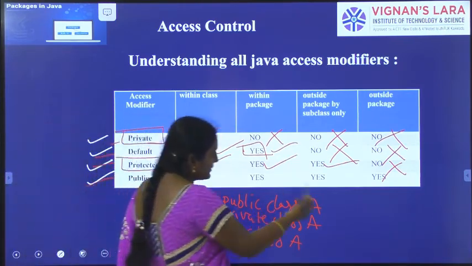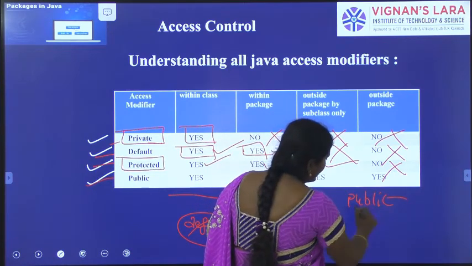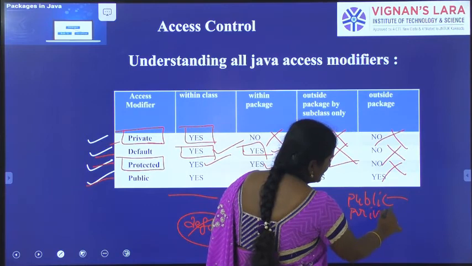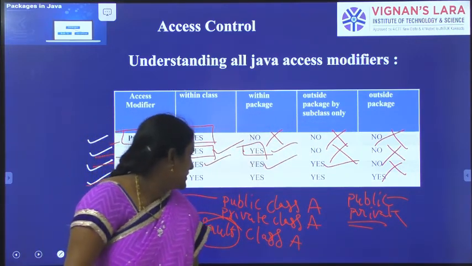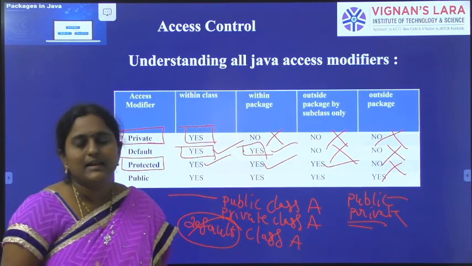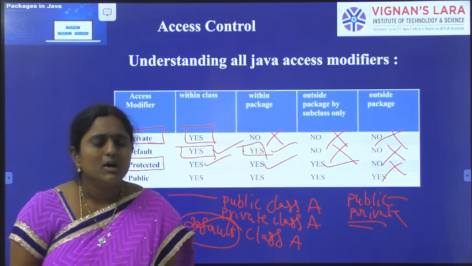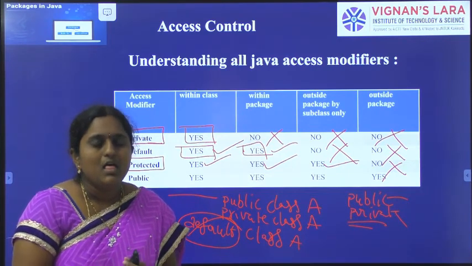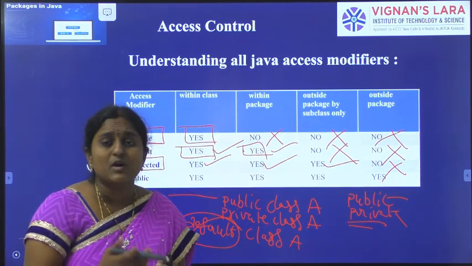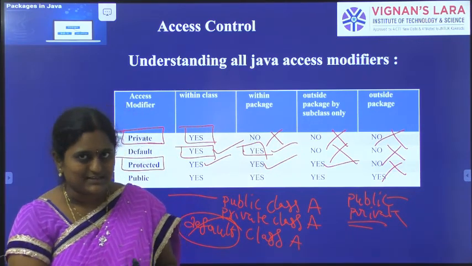Any method can be public, private, protected or default. In a similar way, any variable, any method, any constructor can be defined with the protected access specifier. Access modifiers can apply to variables, methods, classes and constructors.